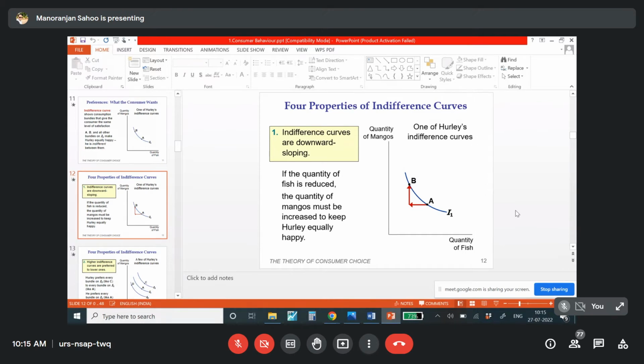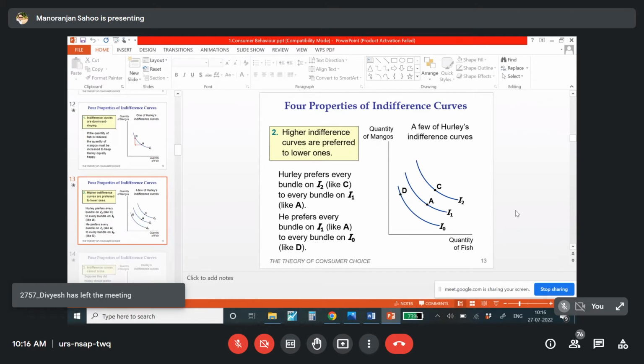If the consumer consumes more of commodity X, he should reduce consumption of commodity Y so that his level of satisfaction between two combinations is the same. This can happen only if the indifference curve is downward sloping, or the slope is negative.